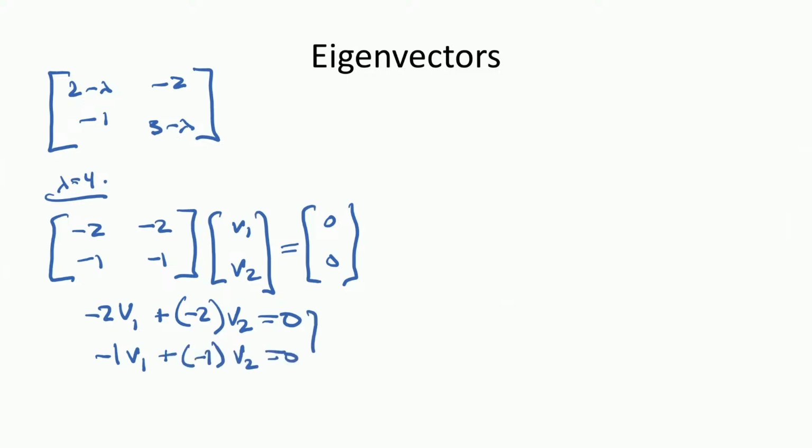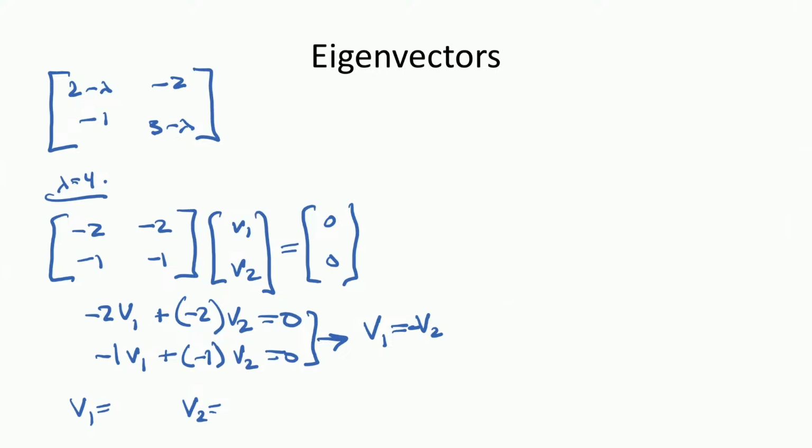Now, if you've done this correctly, those are the same equation. In fact, V1 is negative V2, or negative V1 is V2, however you want to do it. And so now you get to choose whatever you want for V1, and V2 is going to be determined by whatever you pick for V1. So I'll let you pick, and Max wants to pick the number.